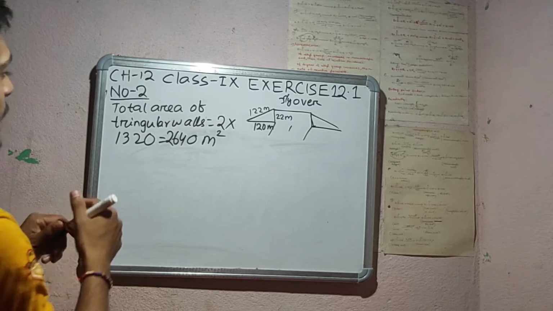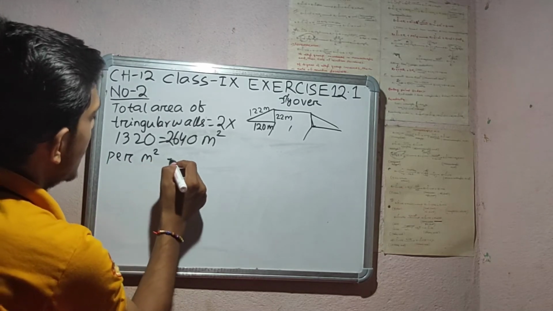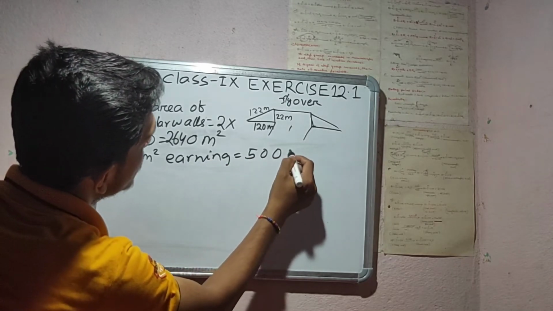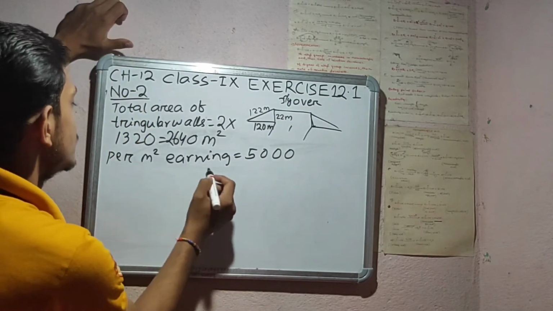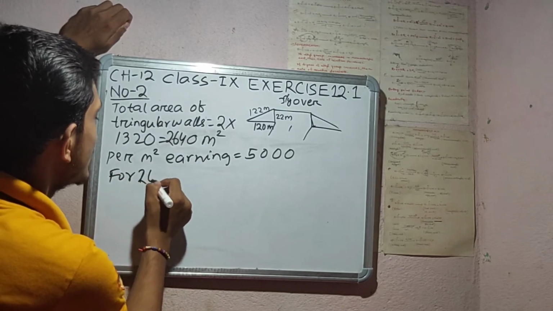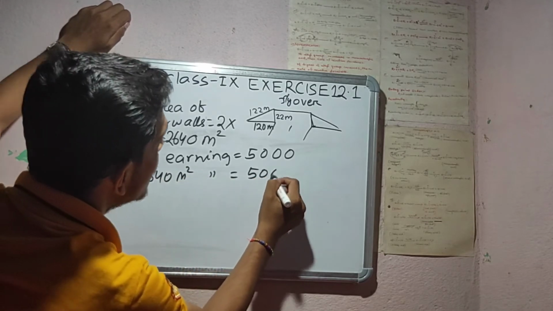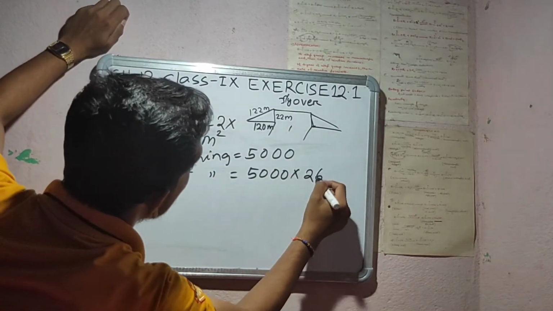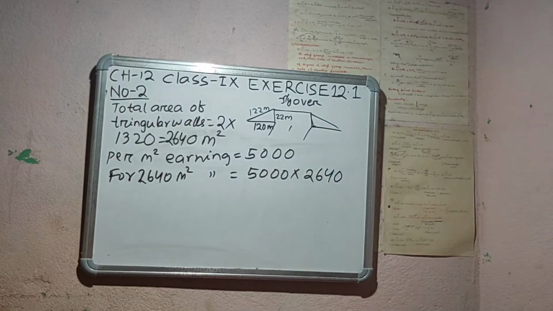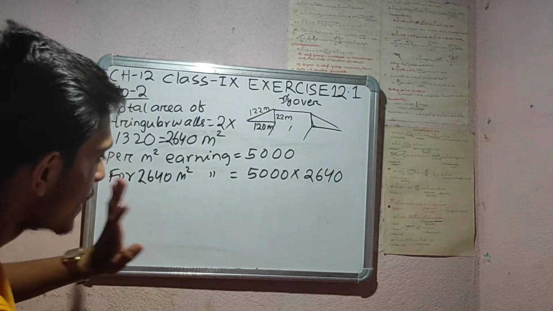Then per meter square earning is how much? That is 5,000 rupees. So for 2640 meter square, earning is 5,000 multiplied with 2640. This is the amount. Okay, but given that this is per year.